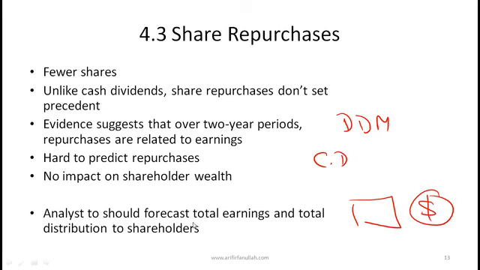So an analyst should forecast total earnings and then the total distribution to shareholders. Once you have estimated the total distribution to shareholders, the present value of that total future distribution is used to come up with the value of the share. Logical? Okay, so this is important.